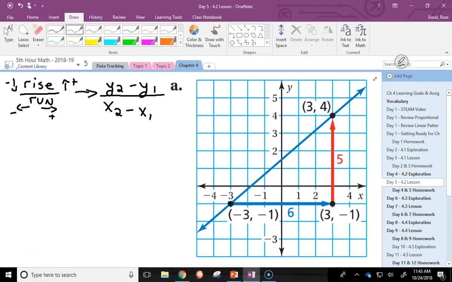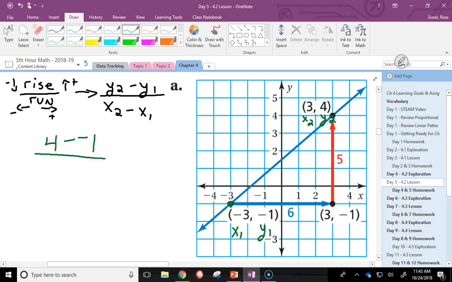Okay, here comes the easy part. Just put in the numbers. Here's the first set of coordinate points. We agree with that? It's the first one on the left. So that means this is x1, this is y1. And 3, 4, this is x2, this is y2. Let's just put our numbers in. So I need y2, which was 4. 4 minus y1 was a negative 1.